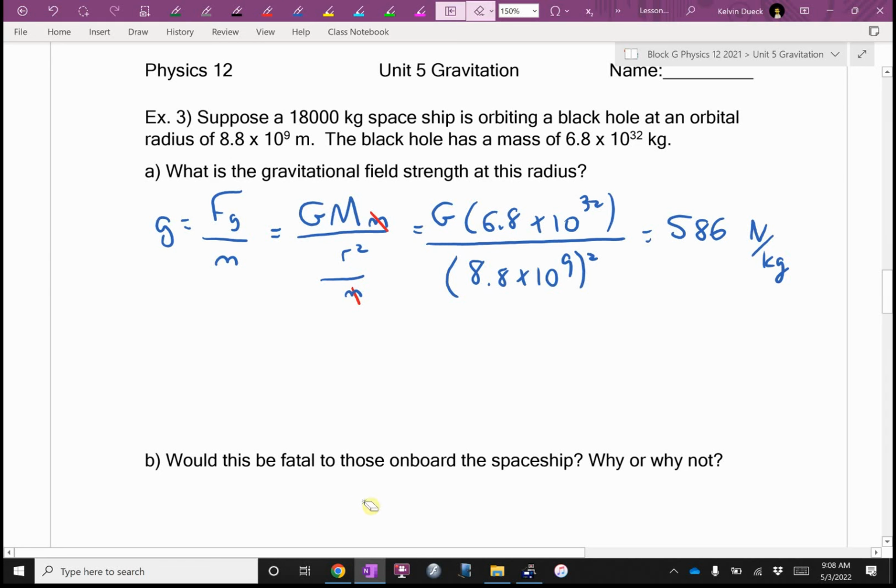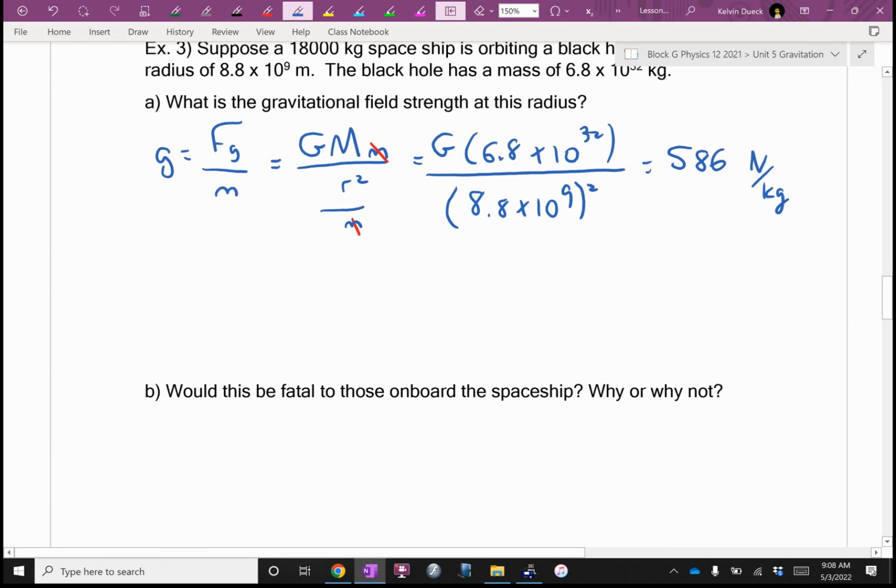Would this be fatal to those on board the spaceship? Why or why not? It depends.